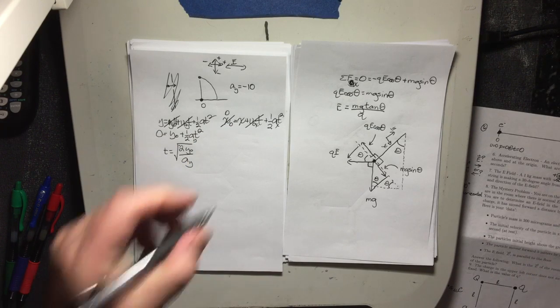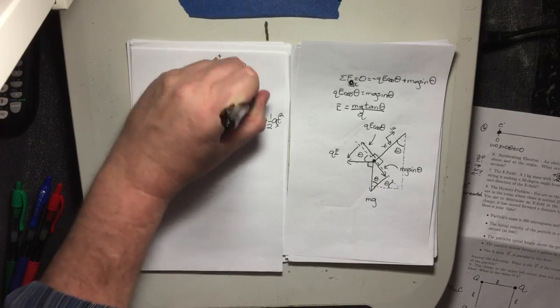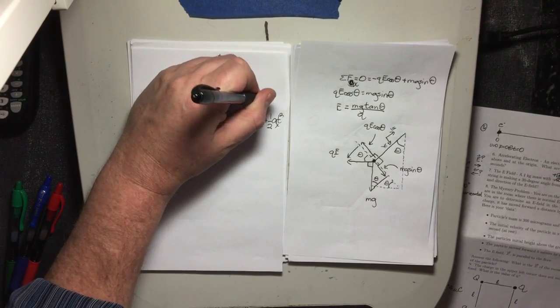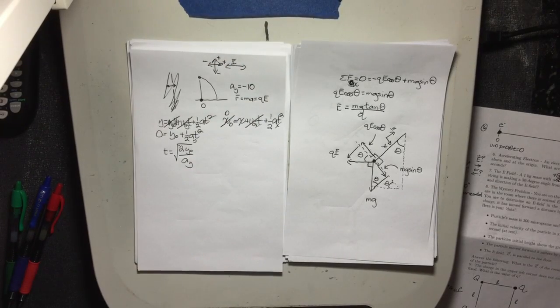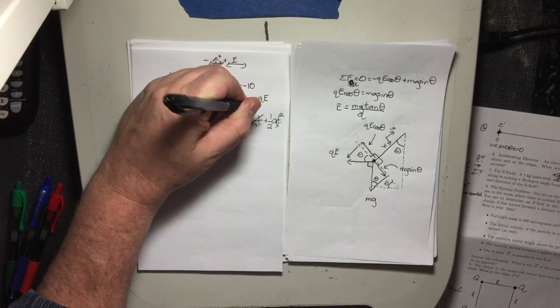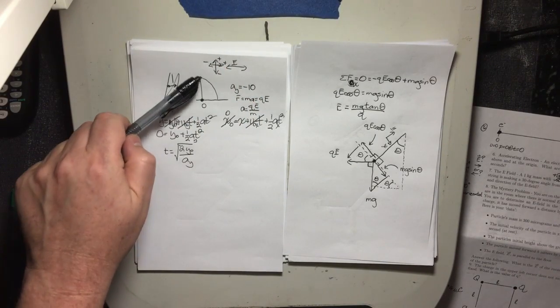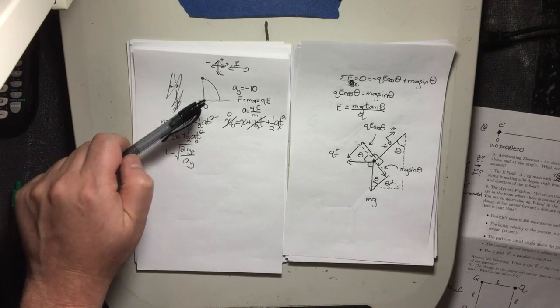From problem 6, Newton's second law, F equals ma, and force on a particle in an E field, F equals QE. That acceleration is QE over m. This is the time of motion, the time that it takes to fall from there to there.